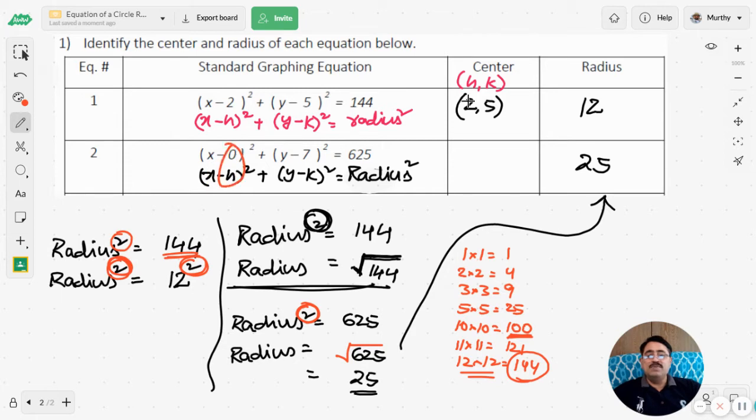So h is 0, y matching, negative sign matching, then k should be equal to 7. So that's the center. Okay, any questions on this?